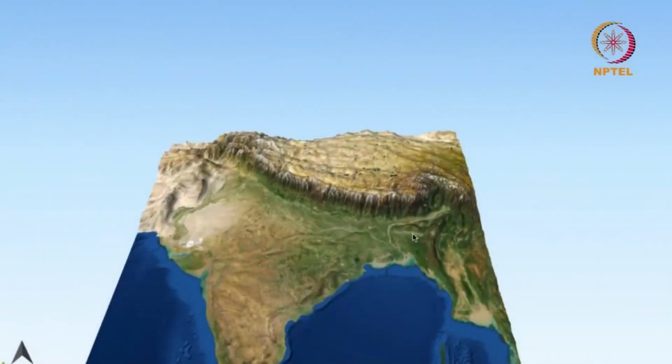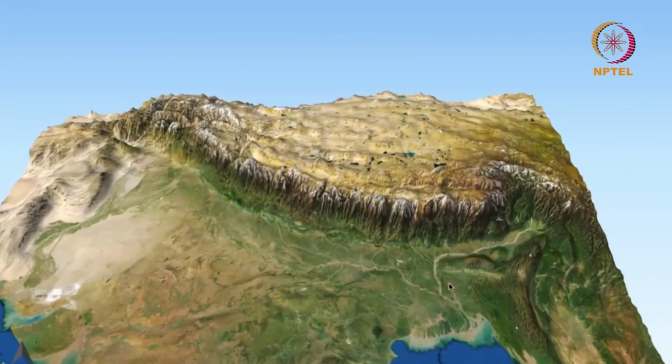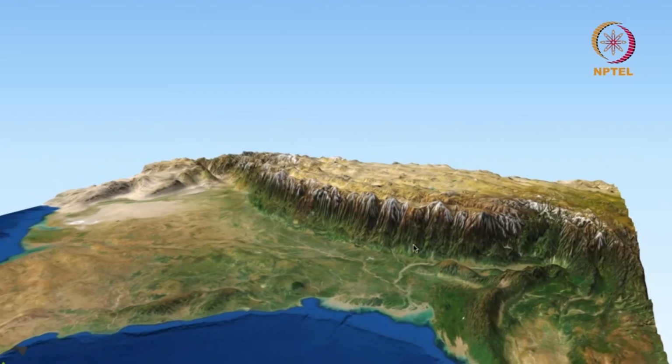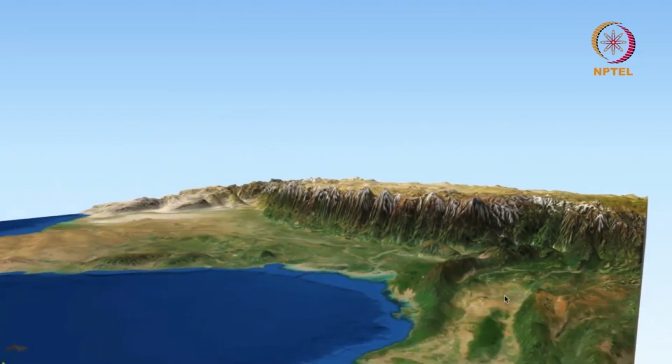So if we look at this region in 3D, what we are observing is that you have these Himalayas followed by these northeastern hills. So this is the portion that we are talking about now. Here you have the Naga Hills, the Mizo Hills, the Arakan Yoma, this is your Pegu Yoma.